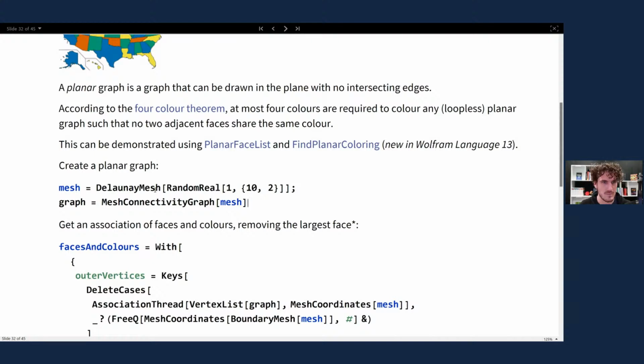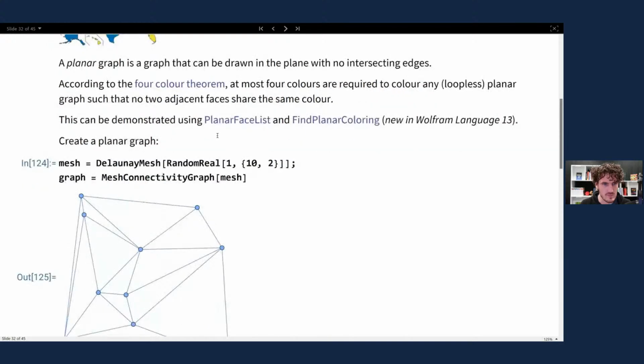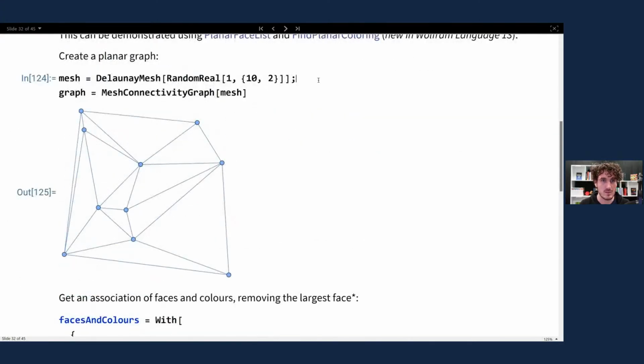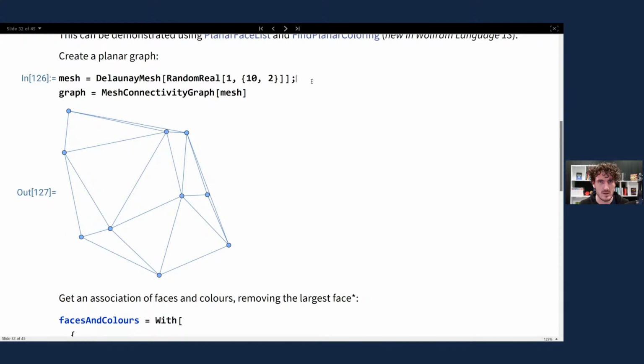So we define a mesh using this function Delaunay mesh, and then we want to make the mesh connectivity graph of this mesh. Okay, this is using random reals, so we can run it again if we want a slightly different one.